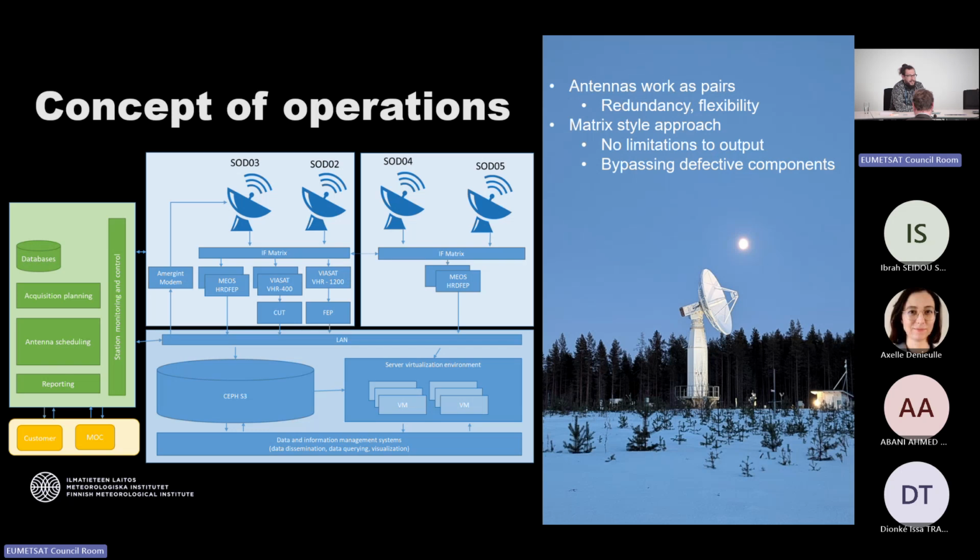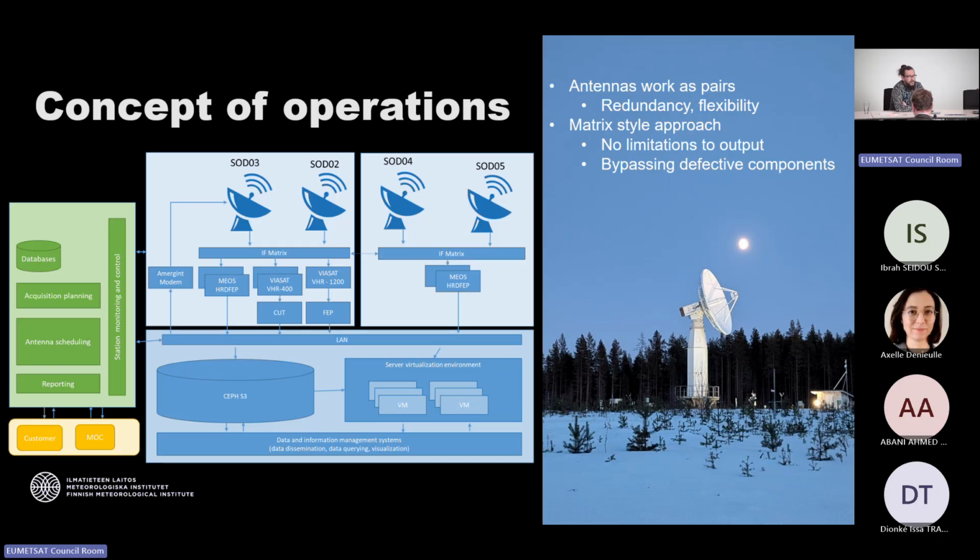approach, and we can do more than with just a straight pipeline where it's just one satellite, one antenna, and one output. This gives us the redundancy and the flexibility, and also we can bypass some defective components. For example, a few years ago, we had very big problems with one of our antennas, and it was down for a few months.